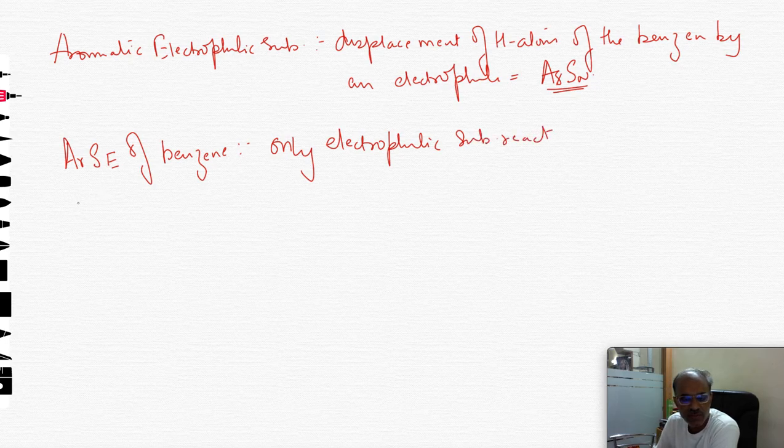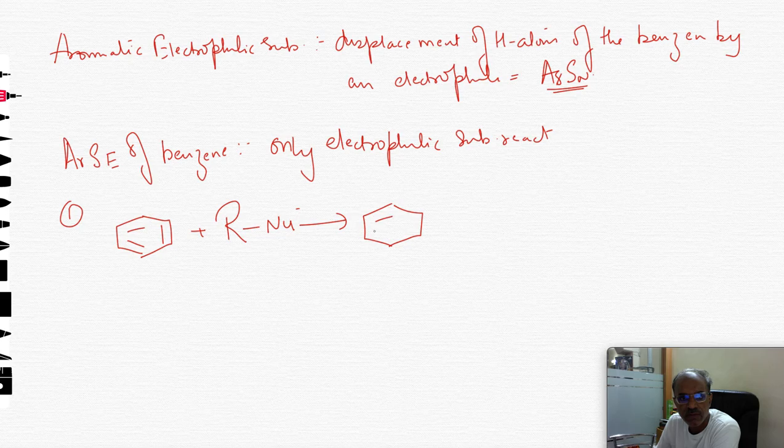Suppose there is an addition of a particular group on the double bond. Say R is attached to a nucleophile. If there is an addition of a nucleophile, then there will be R and here will be Nu.